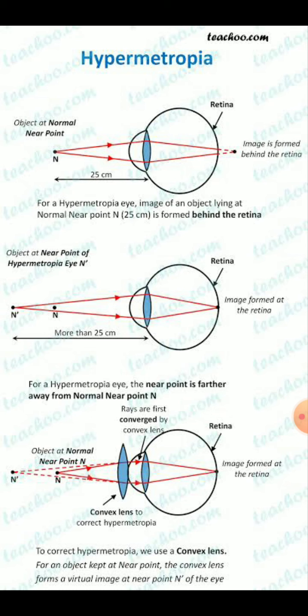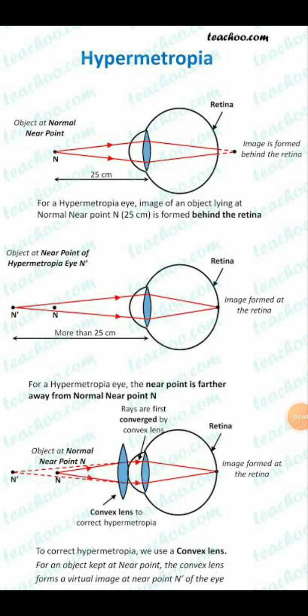And what is the function of a diverging lens? It diverges the light rays after refraction. Here it converges. So which is the converging lens? Convex lens is the converging lens. So we will make use of a convex lens of appropriate power for correction of hypermetropia.